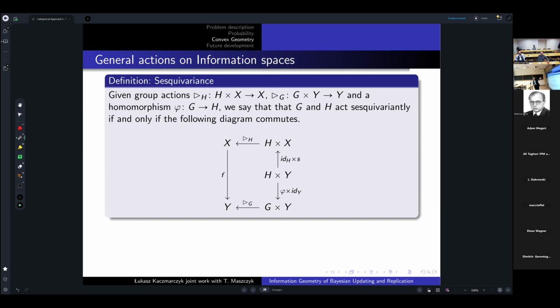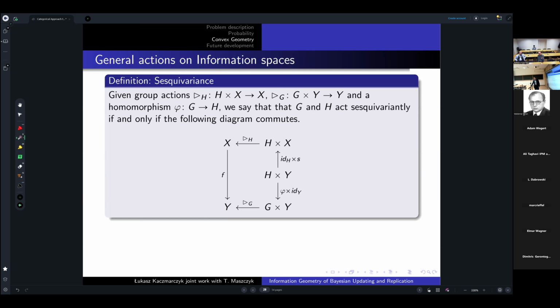And when we have the action of H on X and G on Y, and a homomorphism from G to H, we say that G and H act equivariantly if and only if such a diagram commutes. It's a formal definition. May I repeat? Sure. So this would be read in the following way.